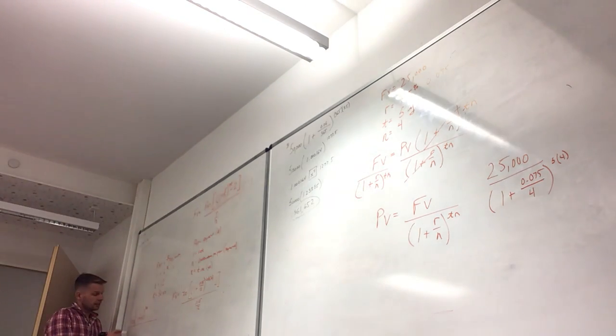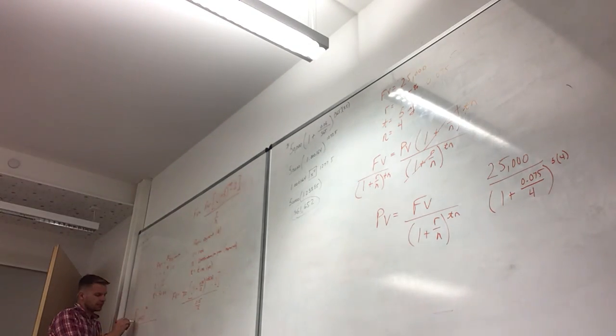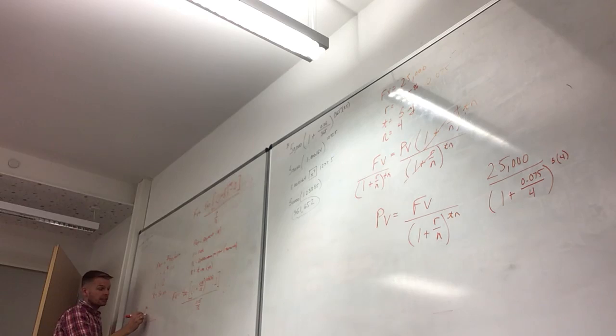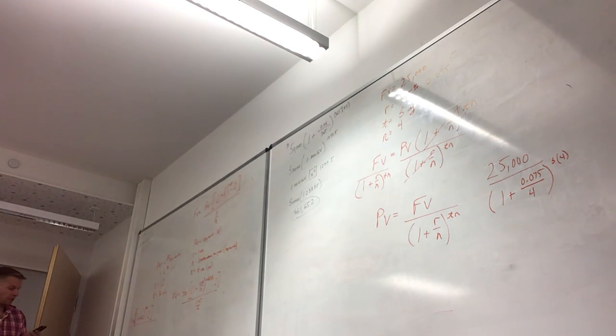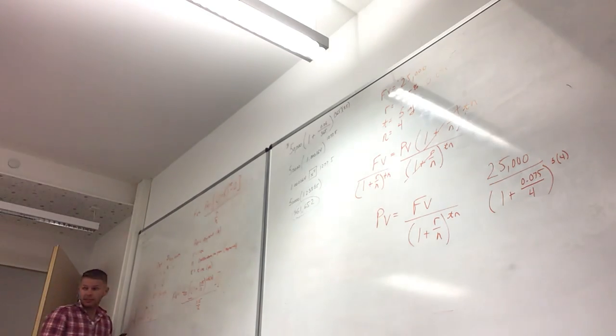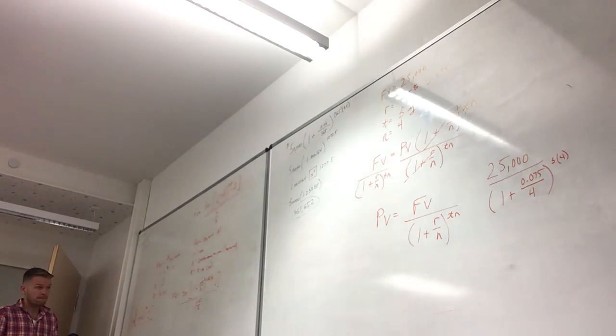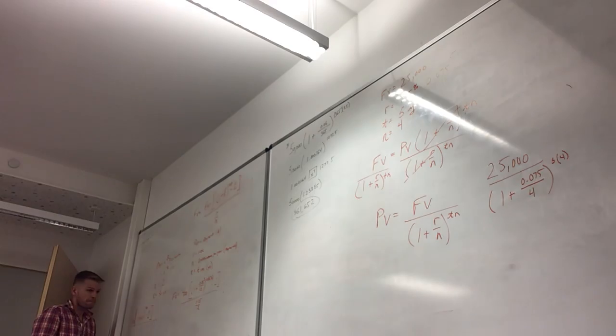I put an extra parentheses here because we still have one to close. Now the denominator, I got 0.05 divided by 12.